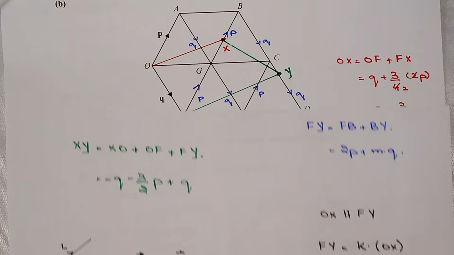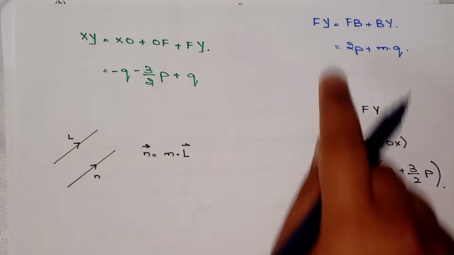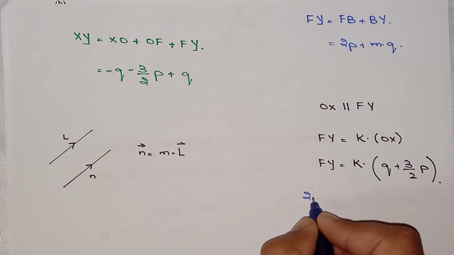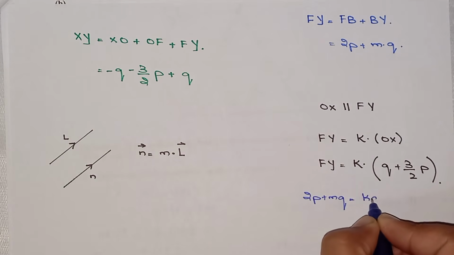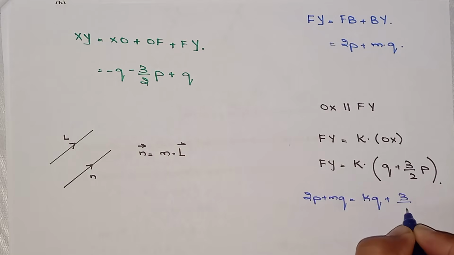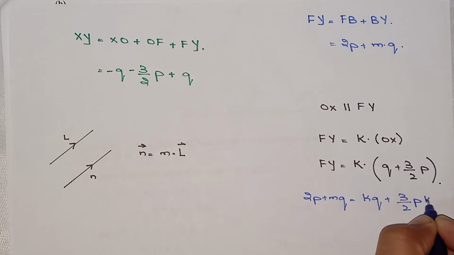Okay, now let me substitute that value over here. For FY, it would be 2P plus MQ, which equals KQ plus 3 by 2 P and K.